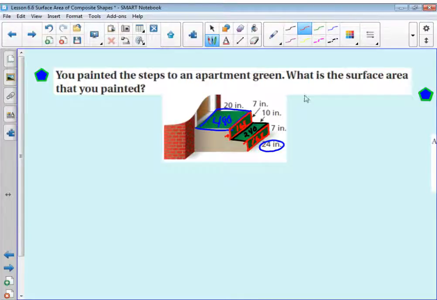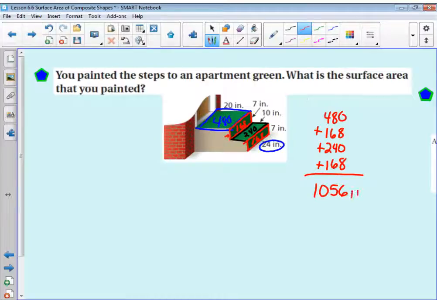So in my composite, I have 480 plus 168 plus 240 plus 168. If you wanted to take those 168s and put them together, you could do that, which would give me 336. So if I add all four of these together, it gives me 1,056.